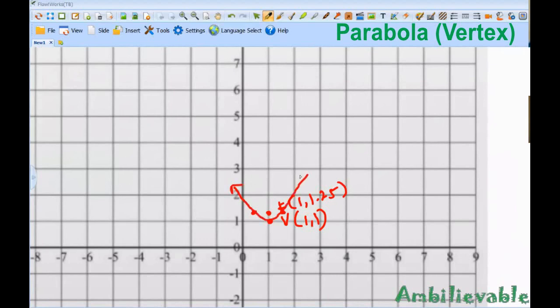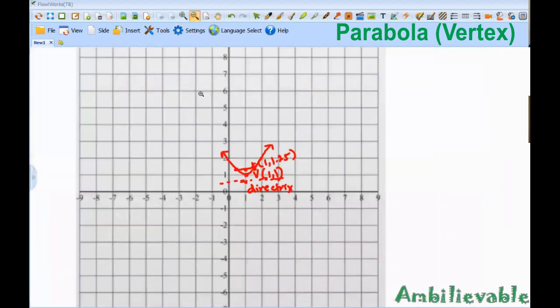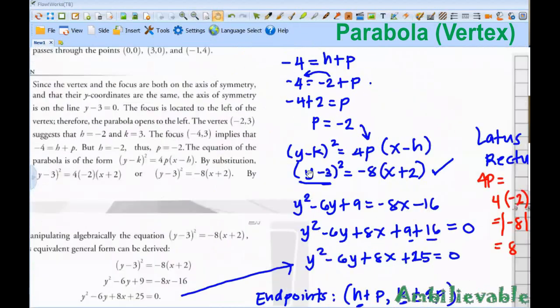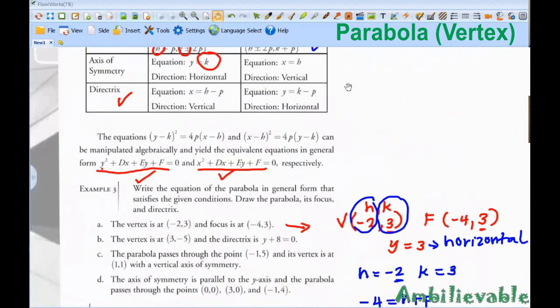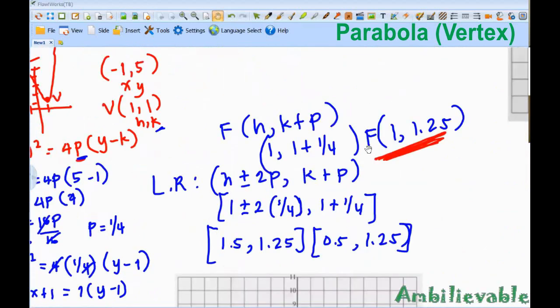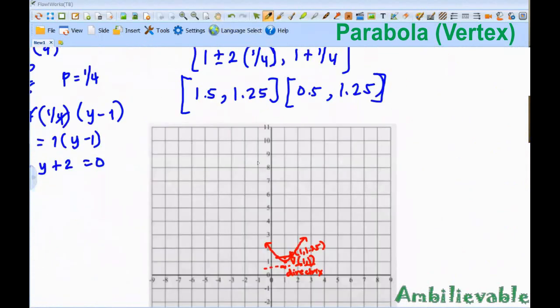All right, that's it. And this is the length. And also this is our directrix, where the directrix formula has the value on the table: y equals k minus p.